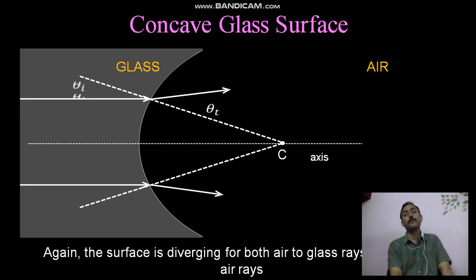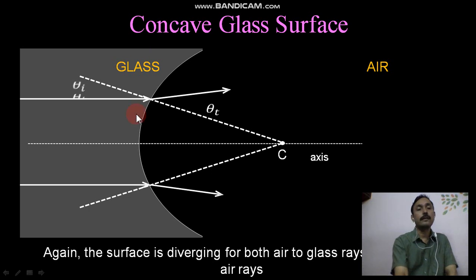Then come to the next. When light is coming from glass to air, this is a concave glass surface. So it is glass to air, that means light is coming from denser medium to rarer medium. So if this is the normal, then what will happen? The light will move away from the normal. So theta t becomes more than theta I. So again it is diverging.